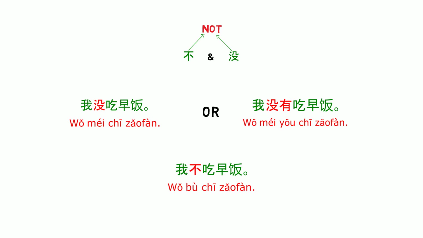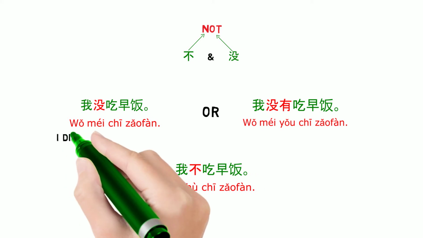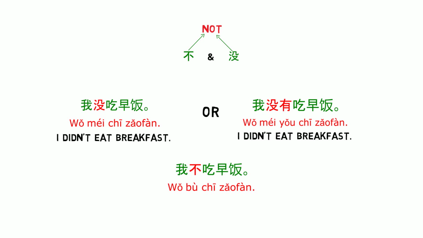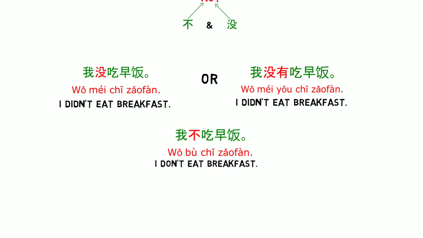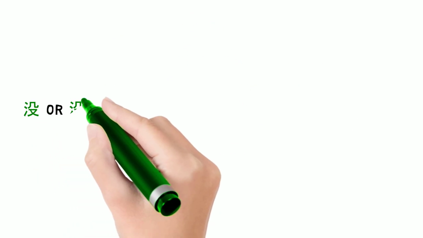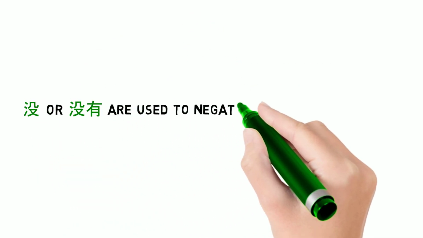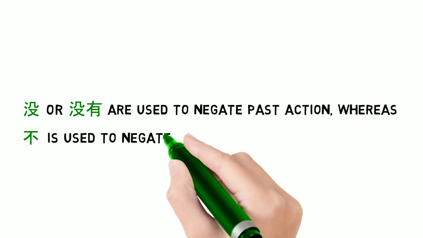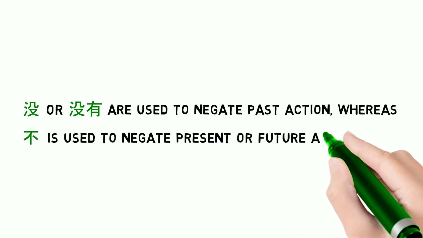The first one, 我没吃早饭 means I didn't eat breakfast. And the second one, 我不吃早饭 means I don't eat breakfast. 没 or 没有 are used to negate past action, whereas 不 is used to negate present or future action.